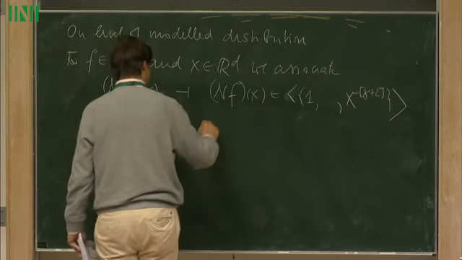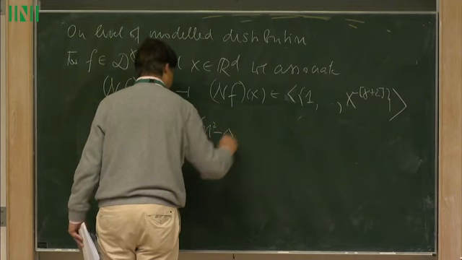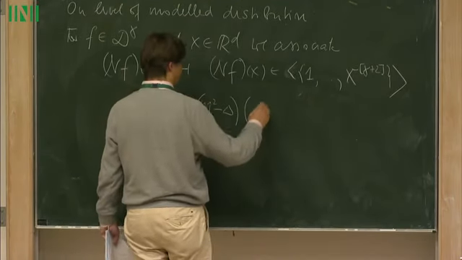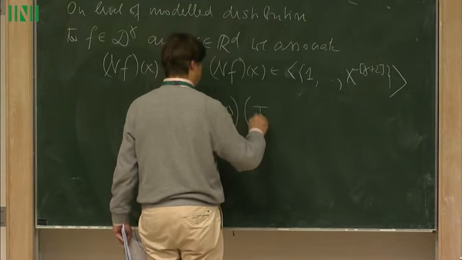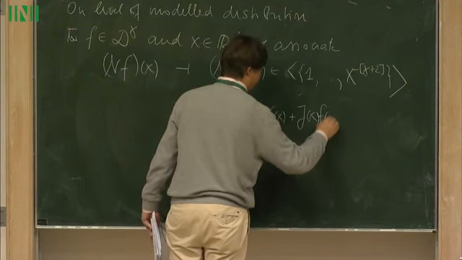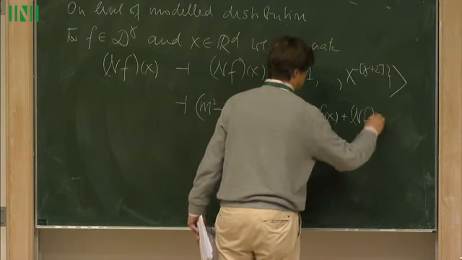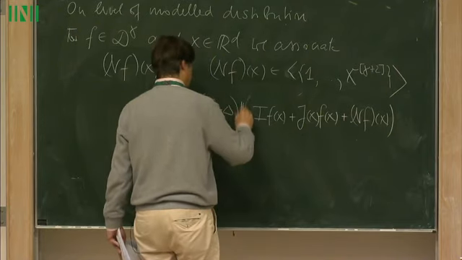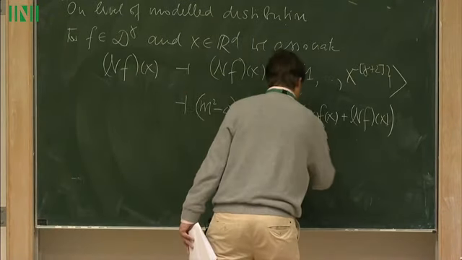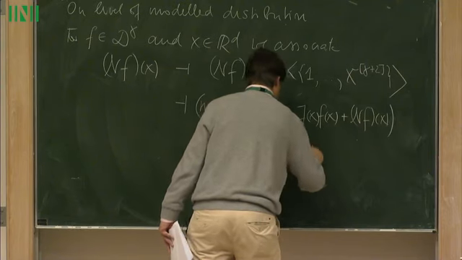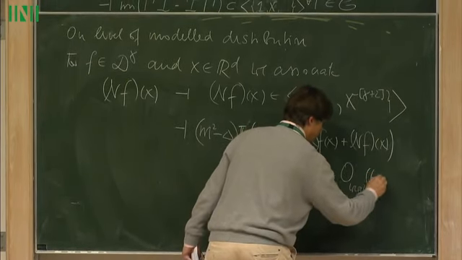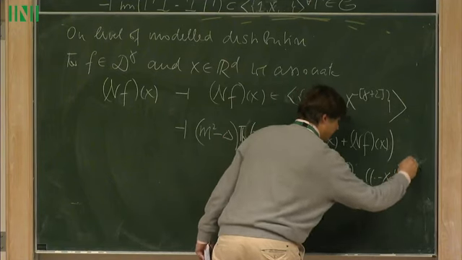The second condition is the real condition, the condition which connects to reality. If you look at the following object, I f of x plus J of x f of x plus N f of x, and you transform it into a distribution, then this should solve this equation up to a local error in the weak norm of gamma.